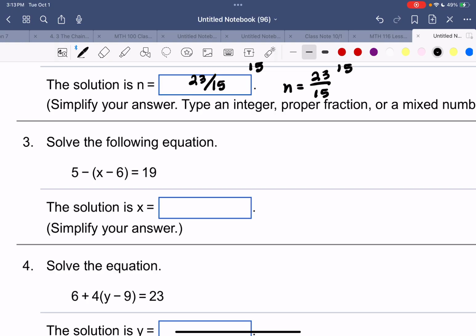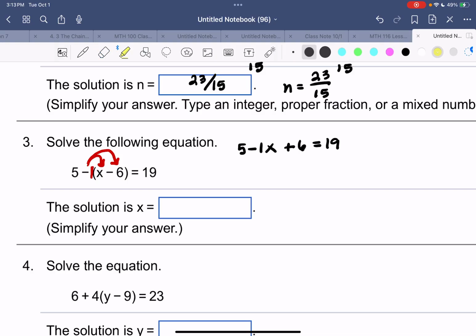Now, number 3, it's a little tricky that you have a minus sign here, but that's an implied minus 1. So I've got 5 minus 1x. Now, remember, I'm distributing a negative 1 times an x, and a negative times a negative 6 is going to be a plus 6 equals 19. Now, this is the first case where we have like terms on the same side.